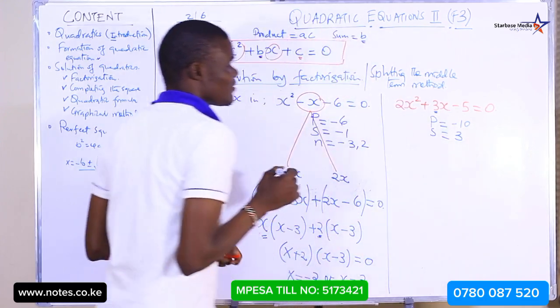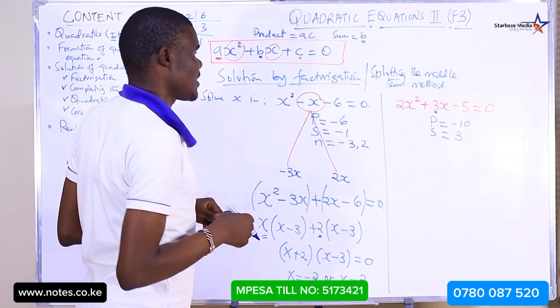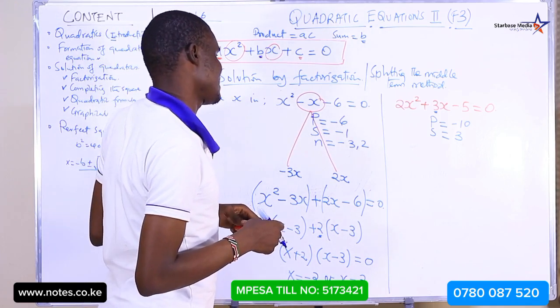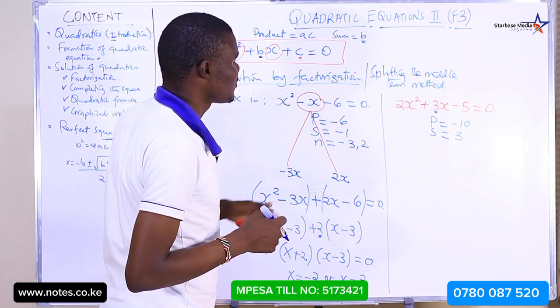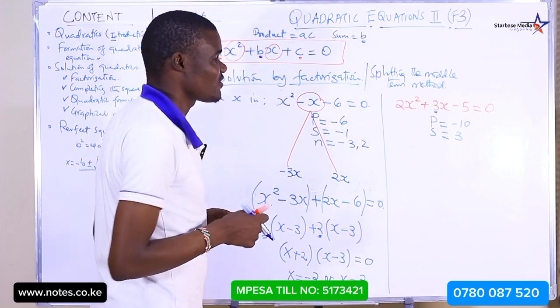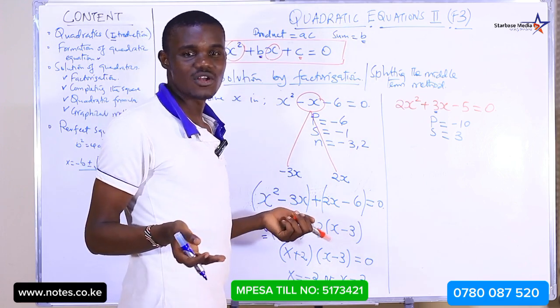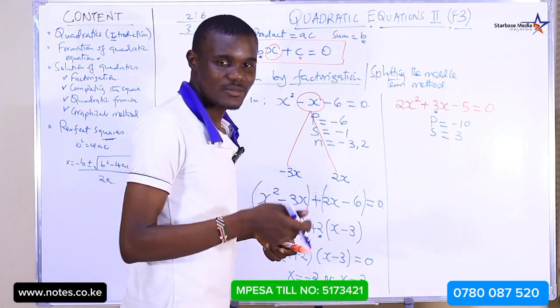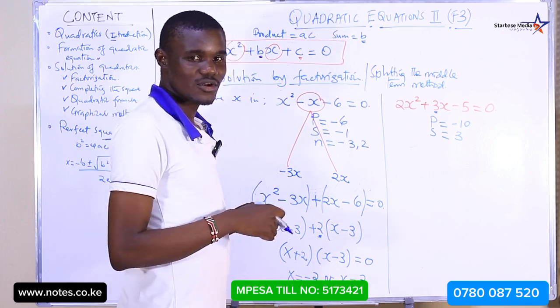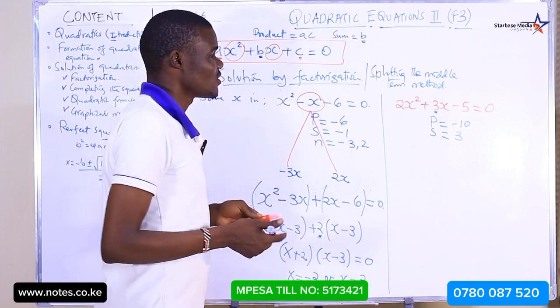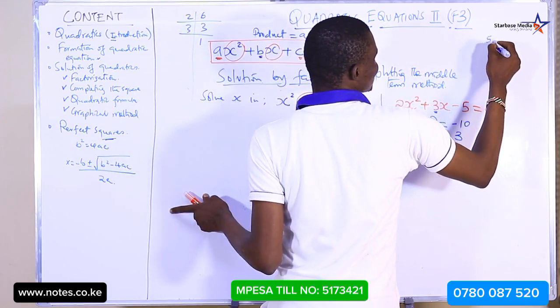So you ask yourself, which numbers, if I multiply, I get negative 10, and if I add, I get 3. So you just start asking yourself, 10 can be gotten by multiplying 10 times 1, or 5 times 2, only those two methods. So you have 5 and 2.